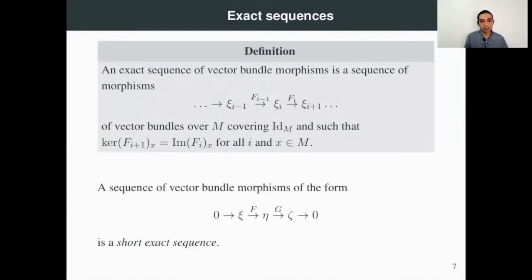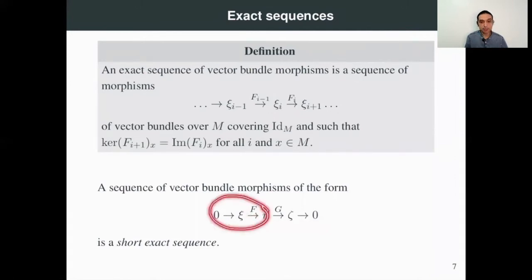Okay, we can also define short exact sequences. A short exact sequence is a sequence of vector bundle morphisms covering the identity map. This is important over here, such that the sequence has this form. What does this mean? It means that the image at every fiber of this map, which is just the trivial vector space, has to be the kernel at every fiber of this map. So in particular, that implies that F is a monomorphism.